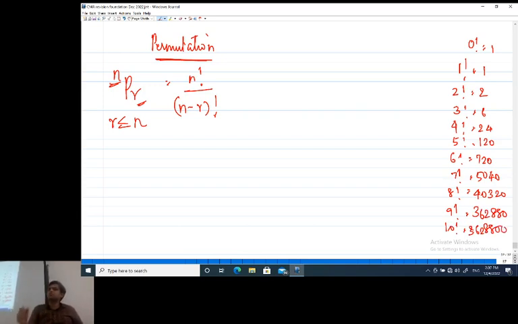Please remember this table for quick simplification in case of MCQs onwards. Okay?